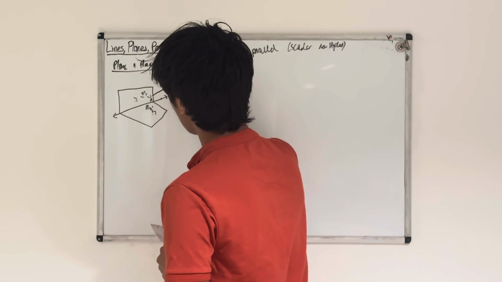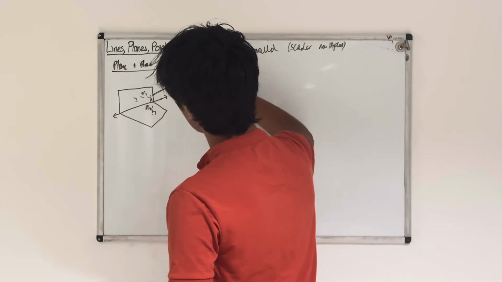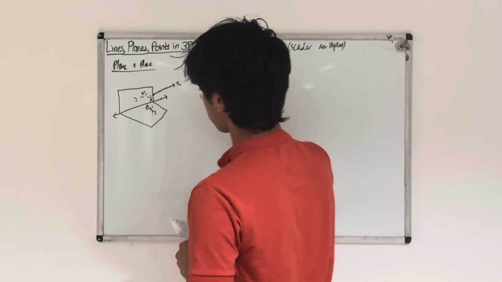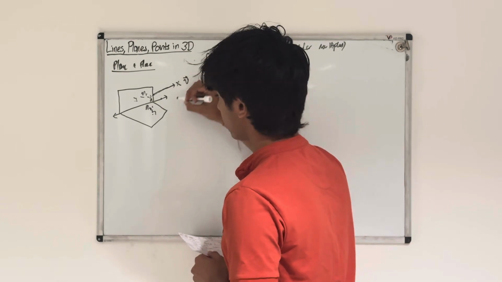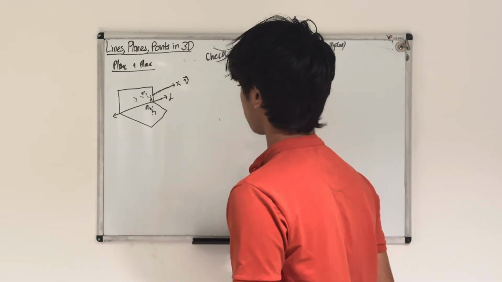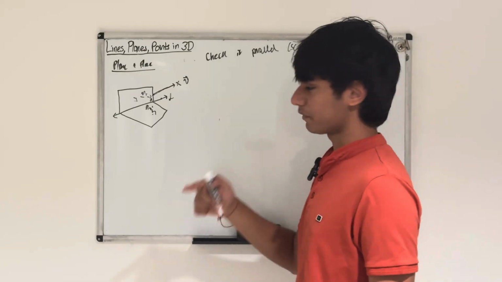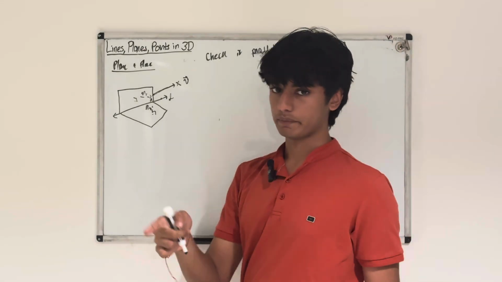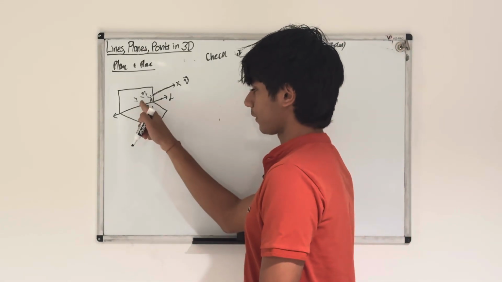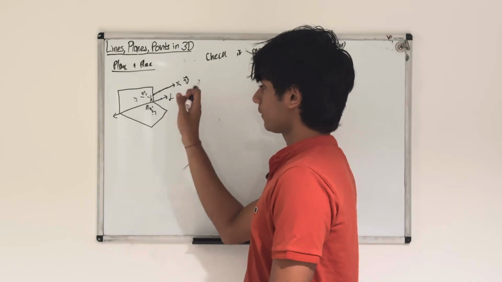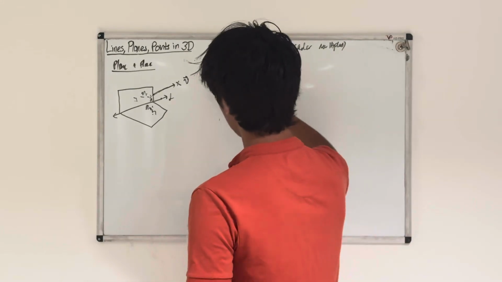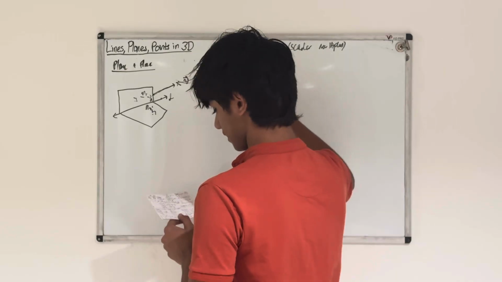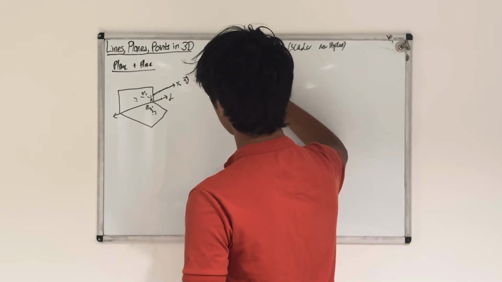We'll get a vector called v that is parallel to the line L. That's useful because remember, to define a line, we need a vector and we need a point. So by doing the cross product of the normal vectors, we get a parallel vector that is the direction vector for the line.